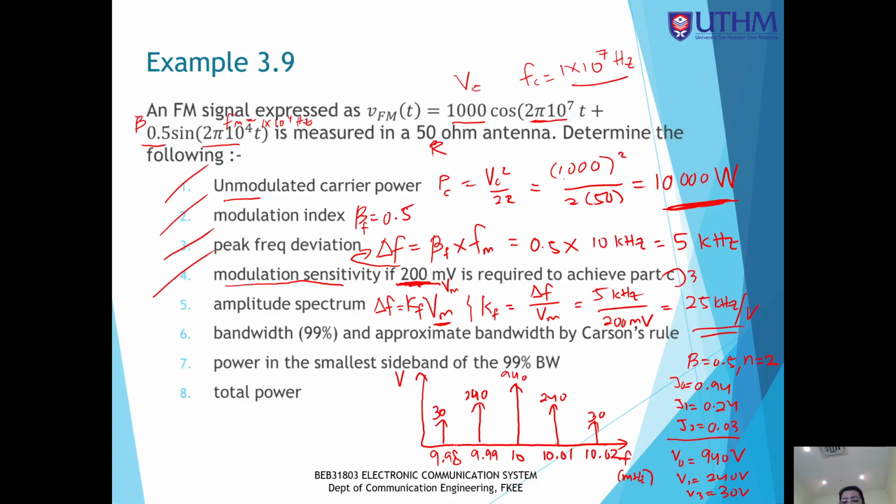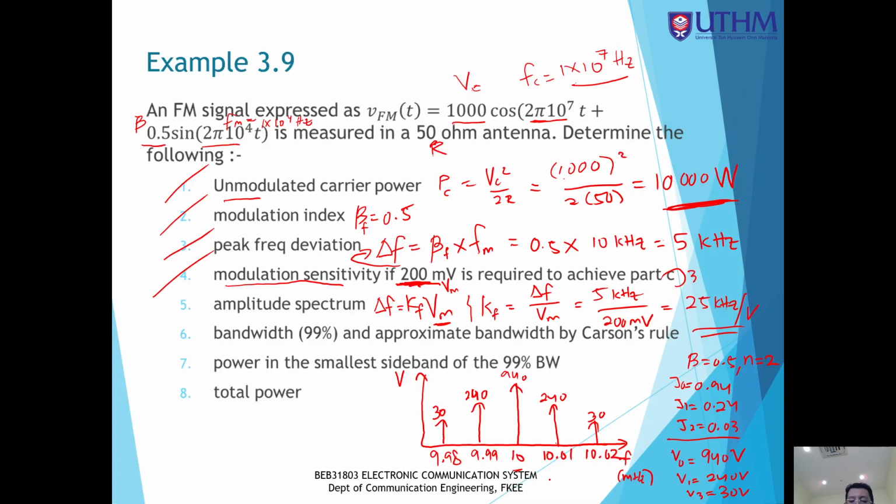So this is the amplitude spectrum. When you do the amplitude spectrum, you need to label the axes: label the amplitude and label the frequency. Here the center is 10 mega, and then you just need plus Fm, plus 2 Fm.